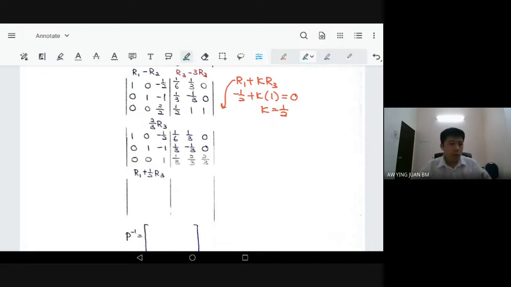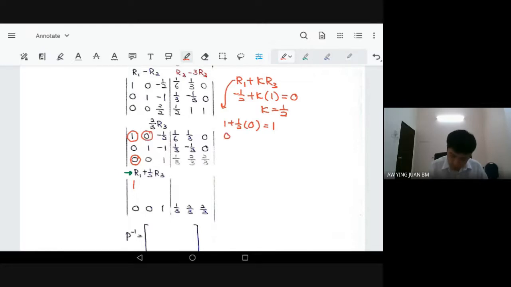So next, what we're going to do is to substitute into the formula, this one. So copy the row 3. Copy the row 3, because for this case, row 3 won't change. Next, we have R1, which equals 1 plus 1 over 2 R3, we have 0. So equals to 1. Next, row 1, we have 0 plus 1 over 2 R3, we have 0.